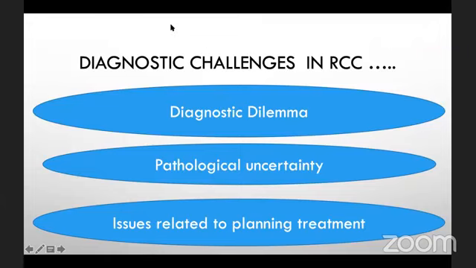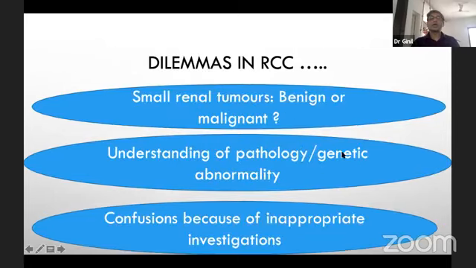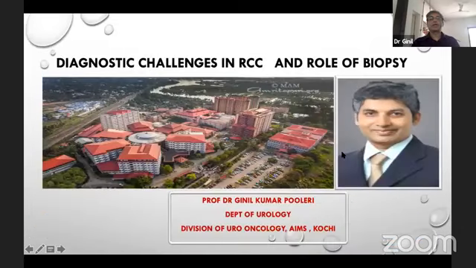We are seeing the slides changing. No, I cannot change the slide. That's why. Yeah. I'm Dr. Ginil Kumar. I'm from Aster Institute of Medical Science, Cochin.